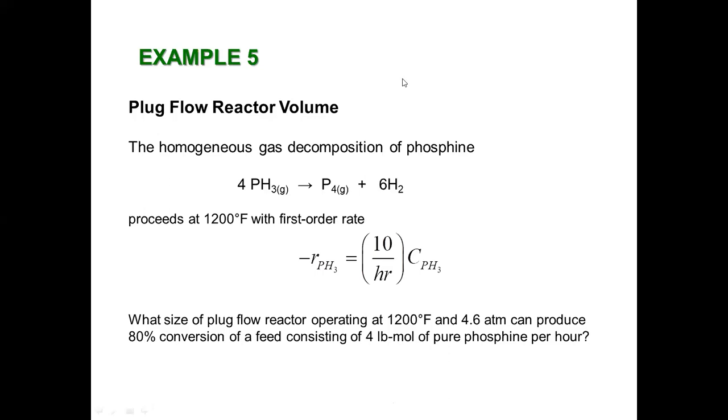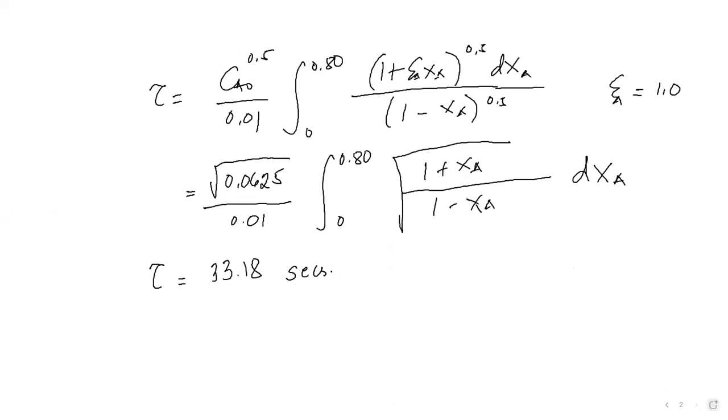I'd like to go to our board and start with the solution of the said problem. So this is already the fifth sample problem. And we are given here a PFR.